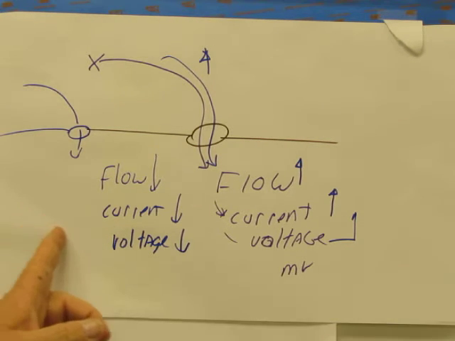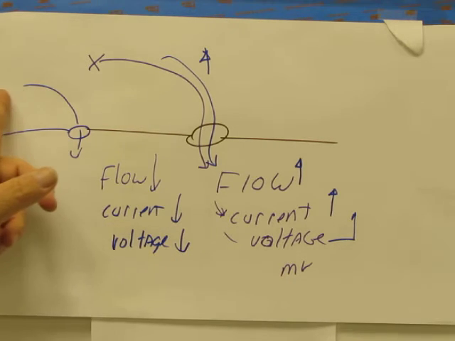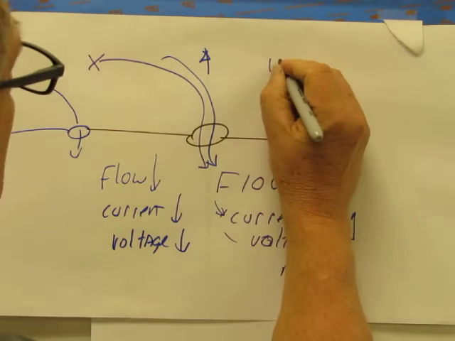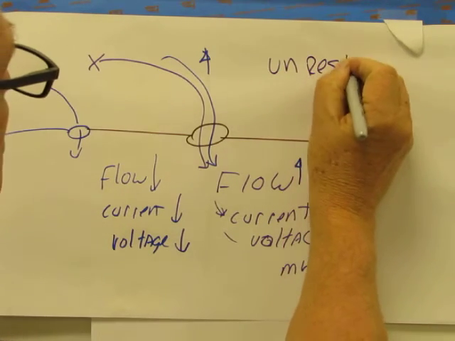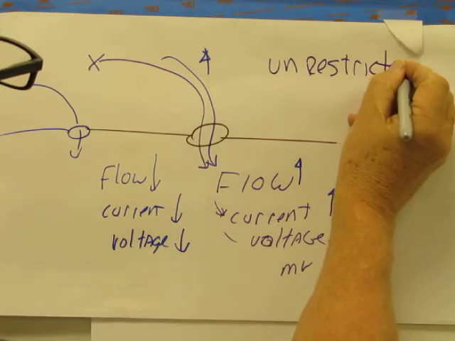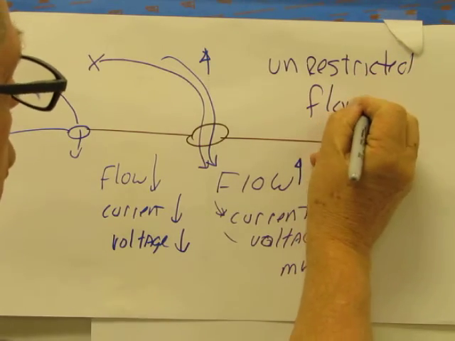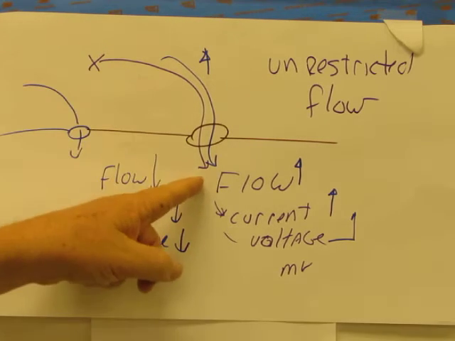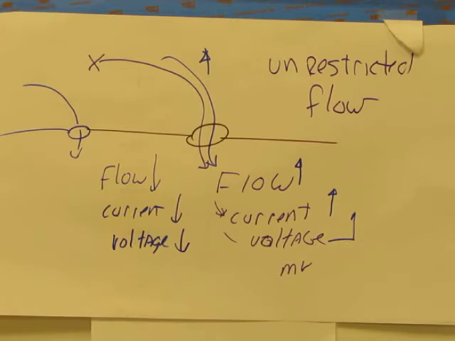So if you have maximum voltage, you have to have maximum flow. One thing which is required for Nernst to be reached is unrestricted flow. If it is unrestricted flow, it'll flow through as fast as it can and get the highest voltage it can.